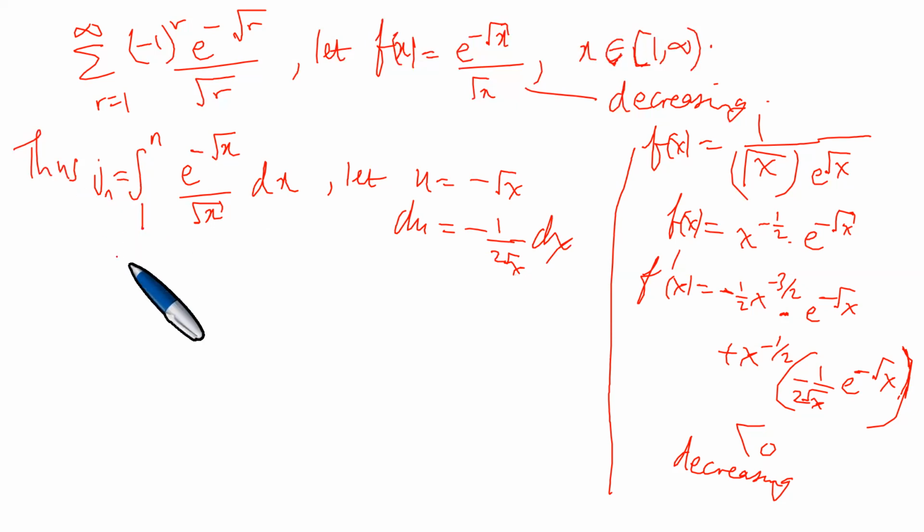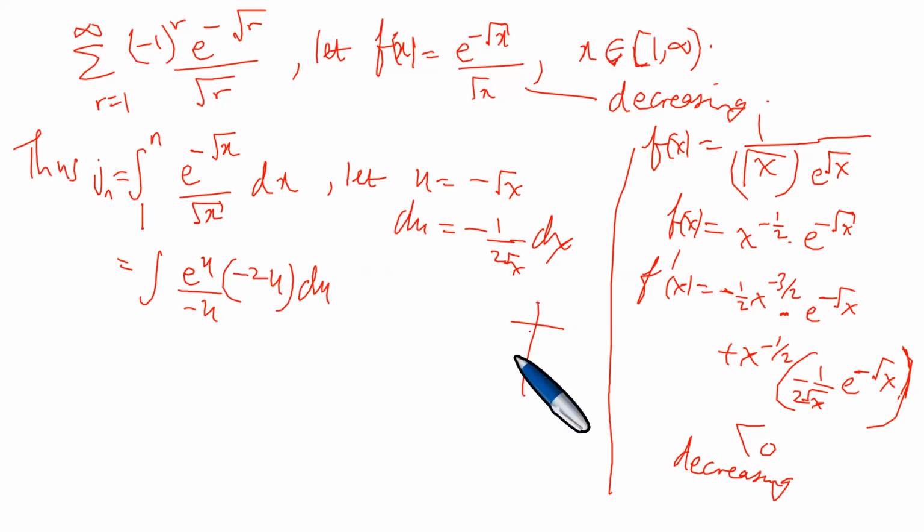Which therefore means now we have this integral here. What is dx? What is the square root of x? It is minus u. You put minus u, we're changing the variable. dx is minus 2 the square root of x, which is minus 2u. So we have x and u.